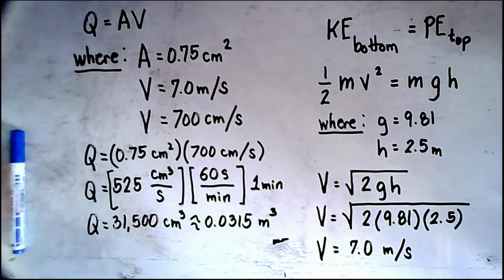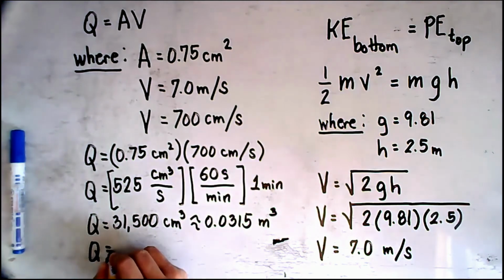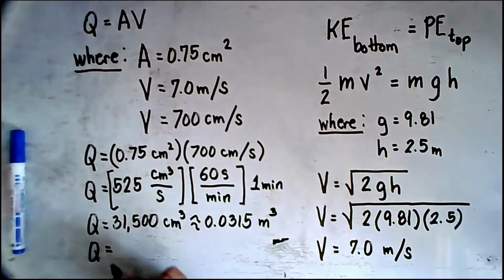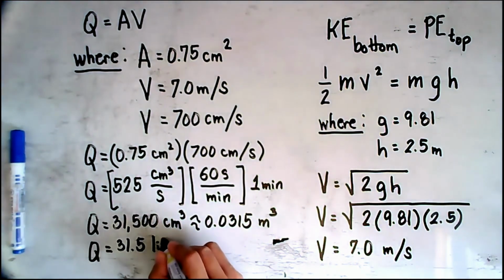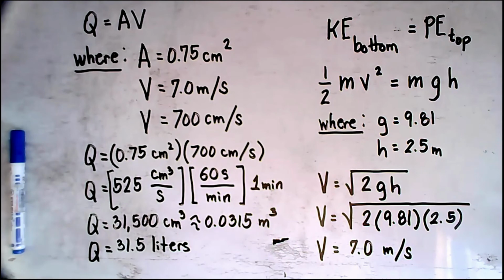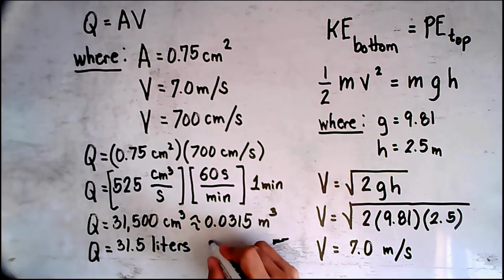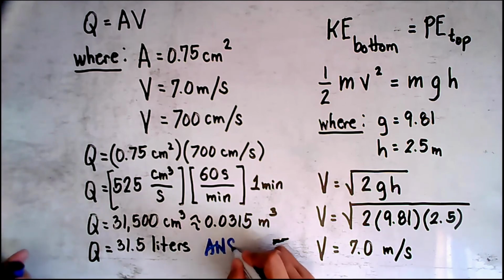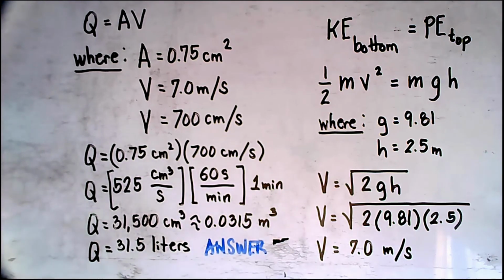Expressed in liters, that is 31.5 liters. That will be our answer: 31.5 liters is our answer to the question, how much water will come out in a minute.